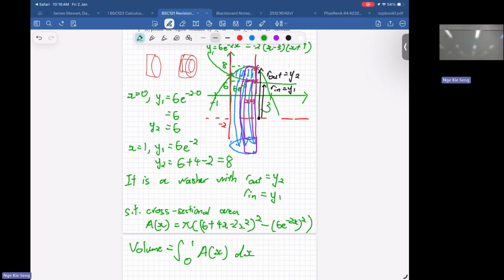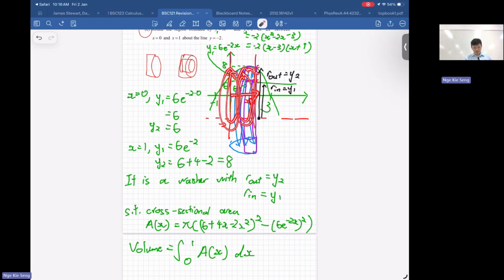Okay, Yihan, what do you think? So you integrate from 0 to 1 on all these pieces of disk. In this case, it's a washer because it's a punctured disk.